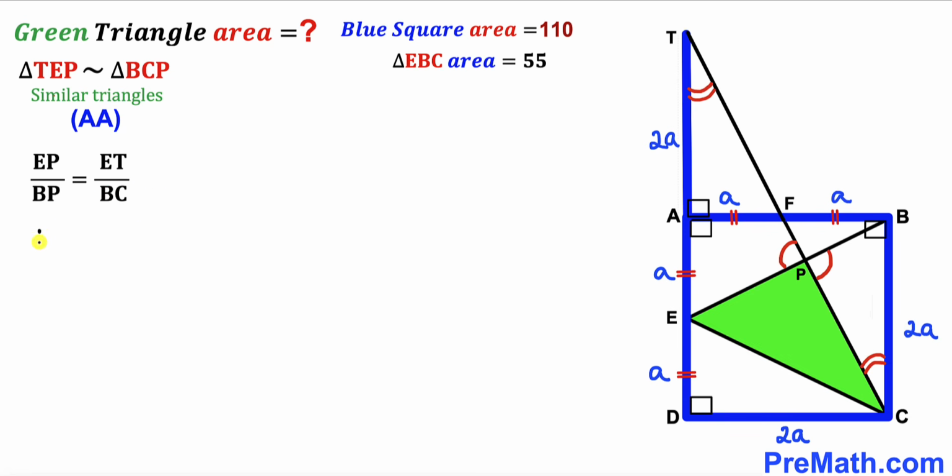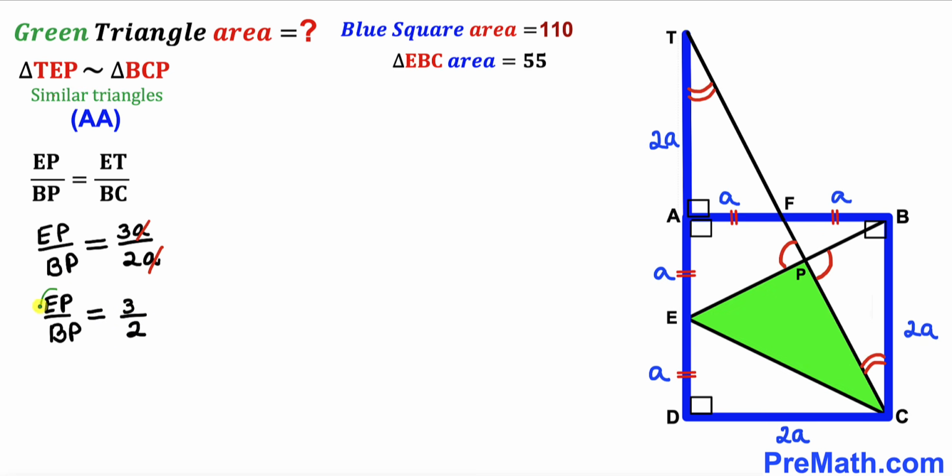So we could write EP divided by BP equals 3a divided by 2a. Here a and a cancel each other out. So EP divided by BP is simply equal to the ratio of 3 divided by 2.